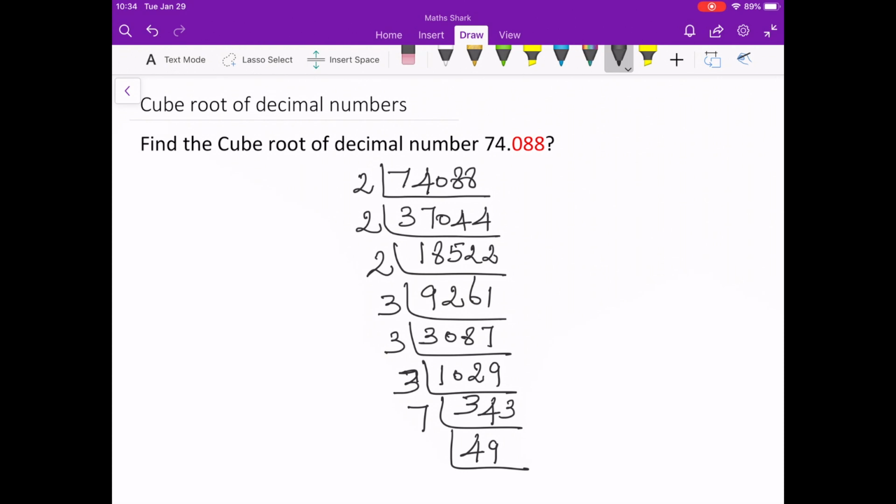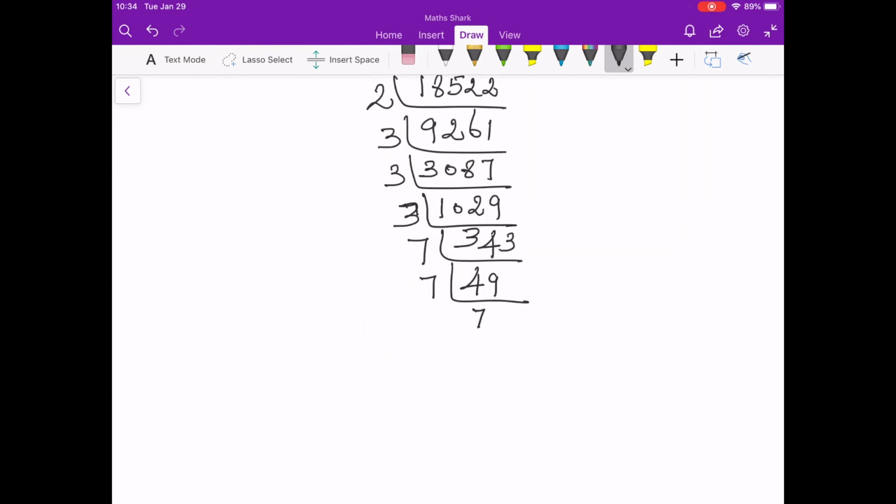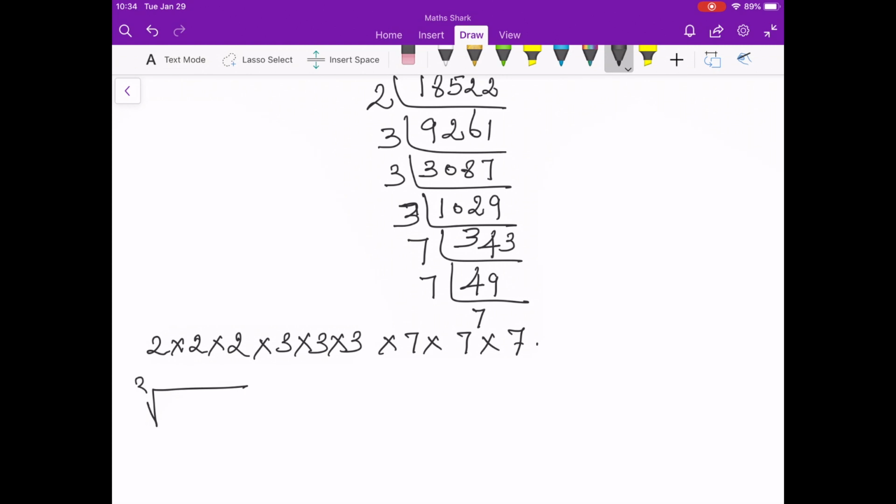We know 49 is 7 square. Now we need to write the factors. Now the cube root of 74088 is equal to... Now let's group these factors in 3.